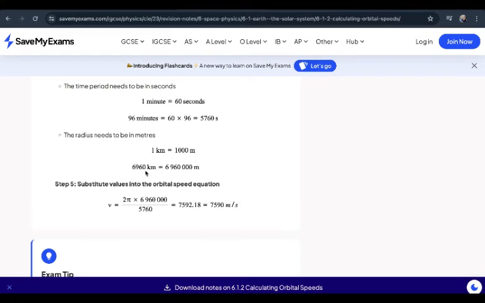So 6,960 kilometers, you just add 3 zeros to get the meter. First of all, we can calculate the distance, which we change to meter, because they ask us to calculate speed in meter per second.